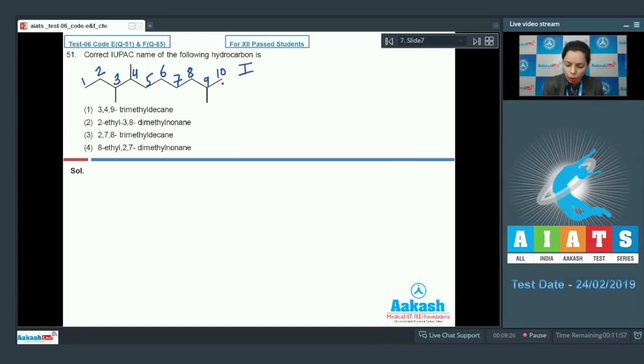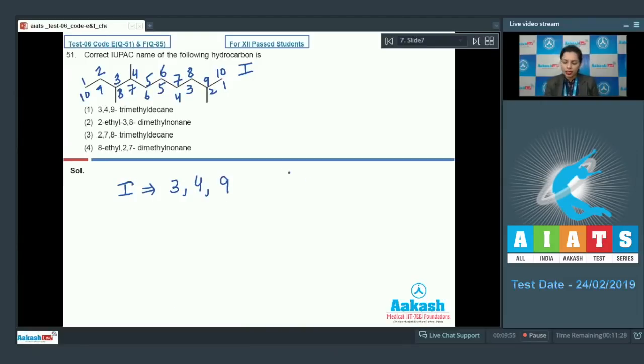Further, if I talk about the second way, the numbering should be such that, if we consider the numbering in the first manner, the substituent is present at positions 3rd, 4th as well as 9th.